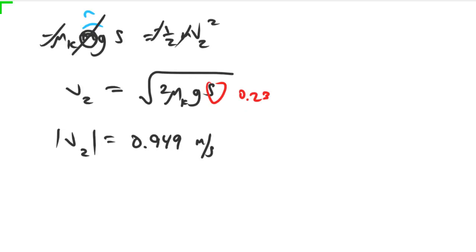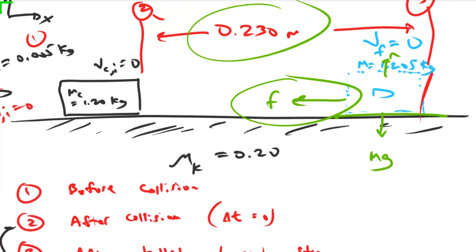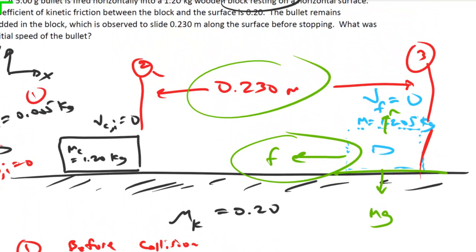So this v2, though, it's really important to note what this v2 is. This is the speed right at point 2, which we called 2 is immediately after the collision. It is the initial speed when we use the work energy theorem, so it's like the initial speed of the bullet and crate together, but it's the final speed after the conservation of momentum.